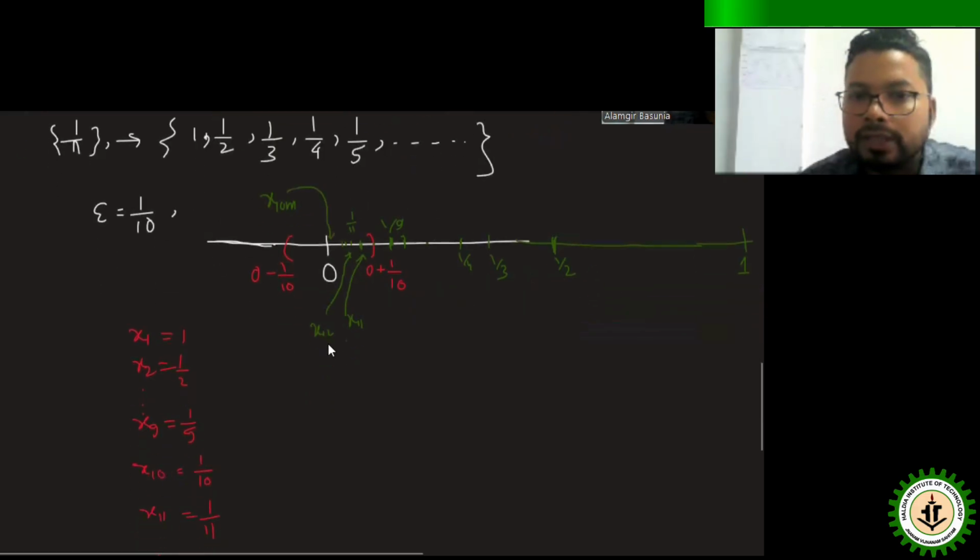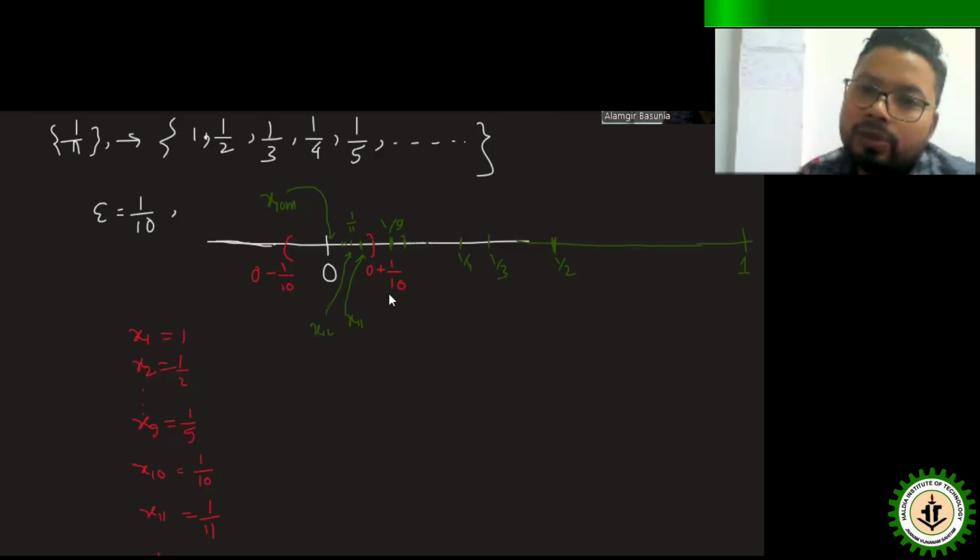So we can say that all the terms after x10 belong to the interval 0 minus epsilon, 0 plus epsilon.